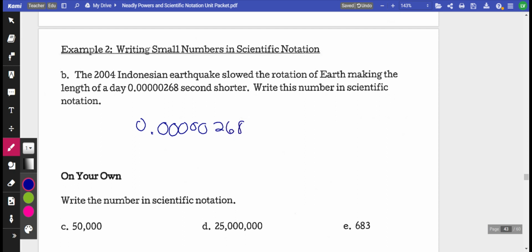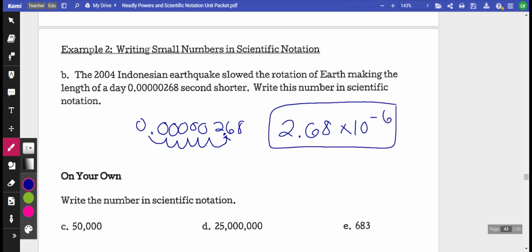And I want my decimal point to get moved between this 2 and this 6, the first non-zero digit. So I start from the left and move it over 1, 2, 3, 4, 5, 6 places. So this becomes 2.68 times 10 to the negative 6th power, because I started from a number smaller than 1.